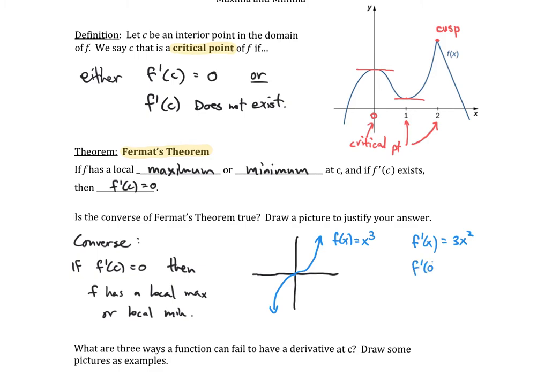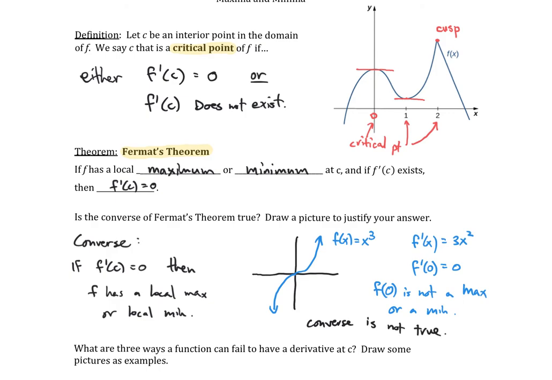So f prime of 0 is equal to 0, but f of 0, I guess, is not a max or a min. All right. So this is a counterexample to the converse. So to be perfectly clear, the converse is not true.